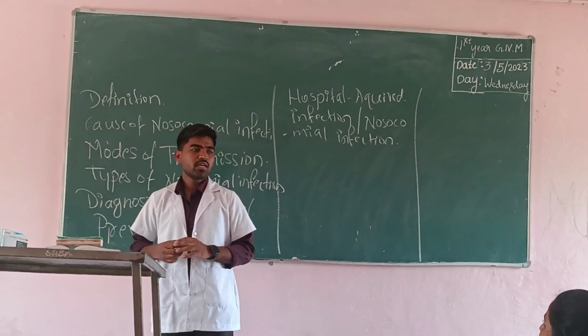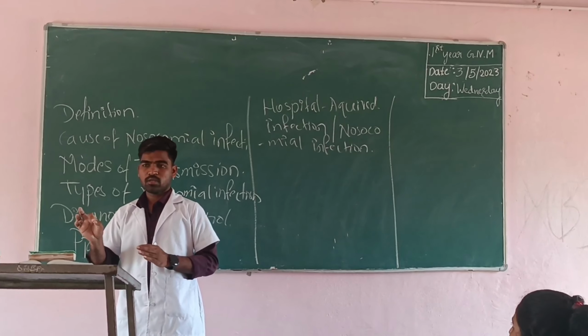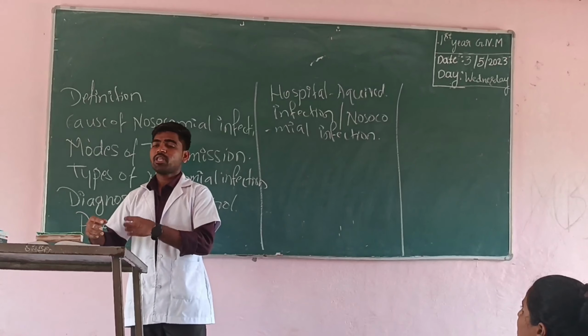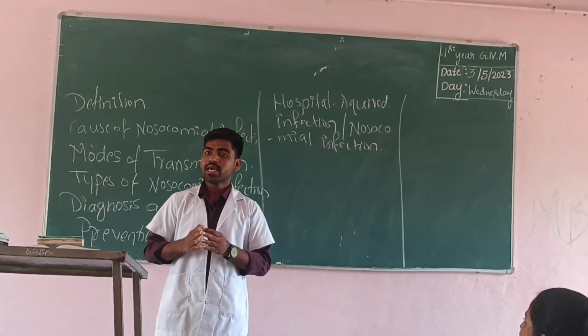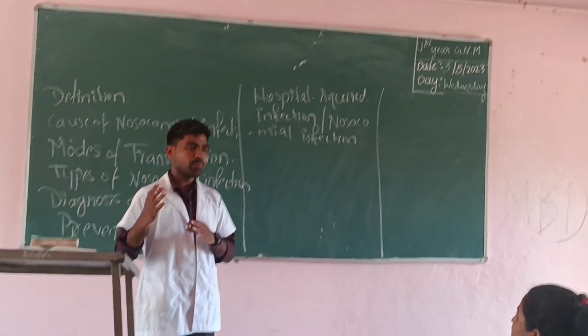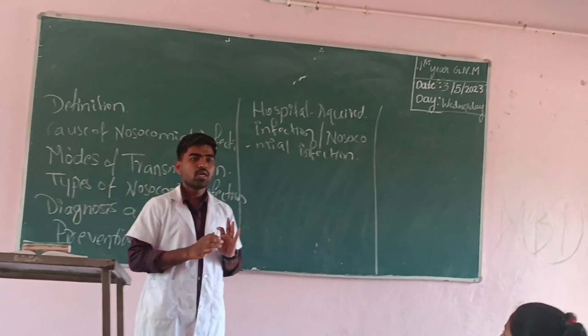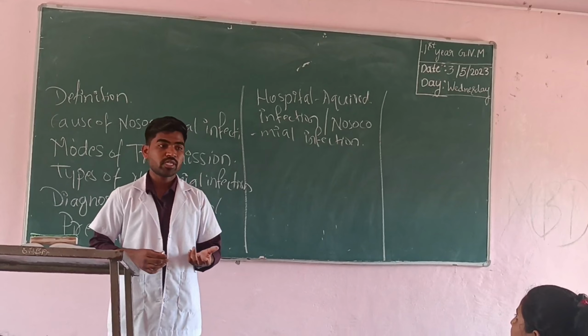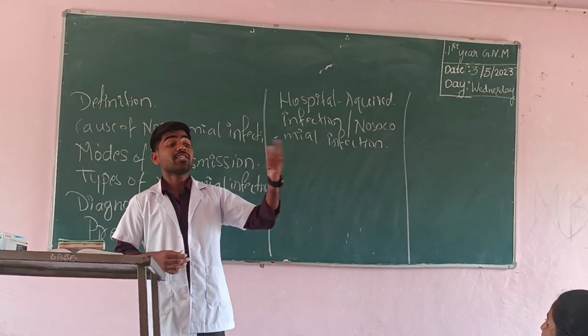So first example, if he is suffering from a urine infection, the primary one, what happened to the urine infection? It became complicated, and the doctor advised him to be admitted to the hospital for treatment. But after 2 to 3 days, what happened? Another infection.